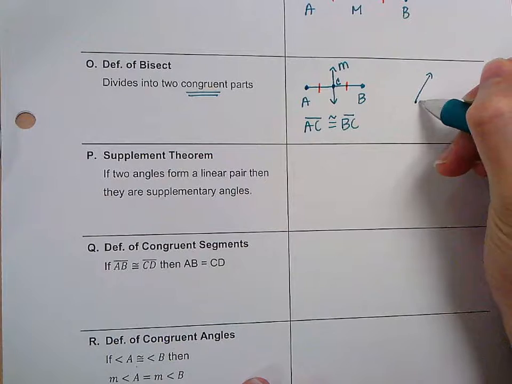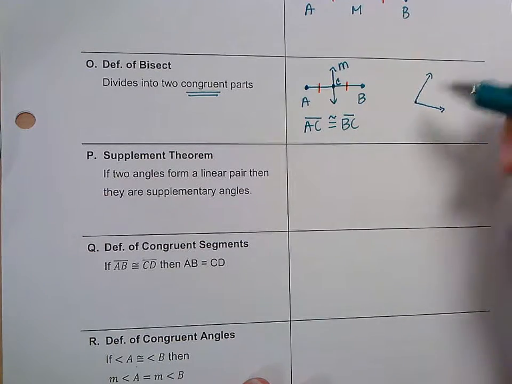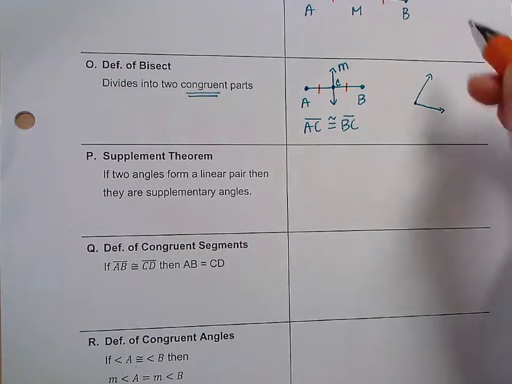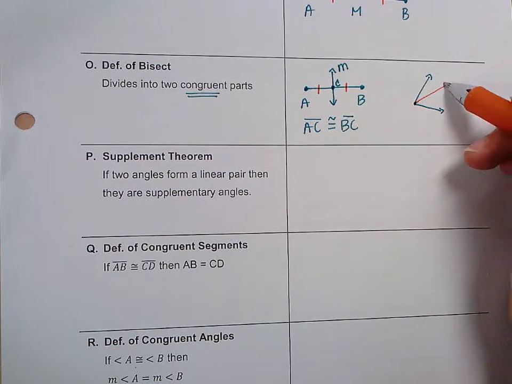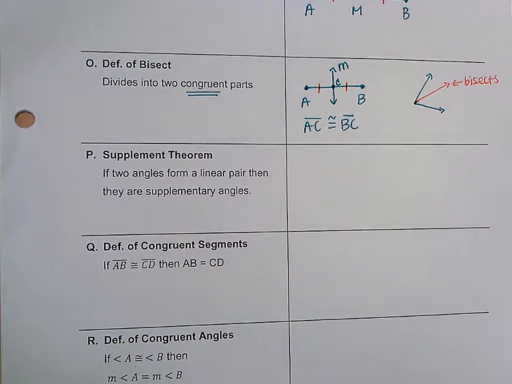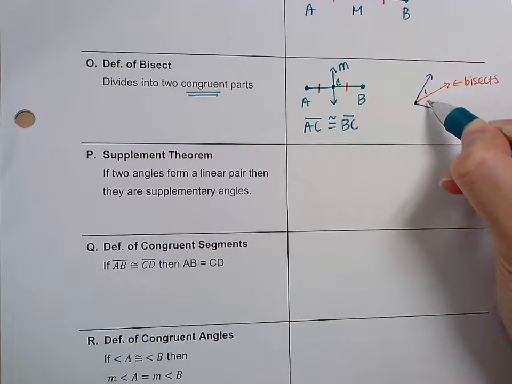That could also be true with angles. I have an angle here, and then I know that this ray bisects it. I should label my angles here. I'll call this angle 1 and then angle 2.